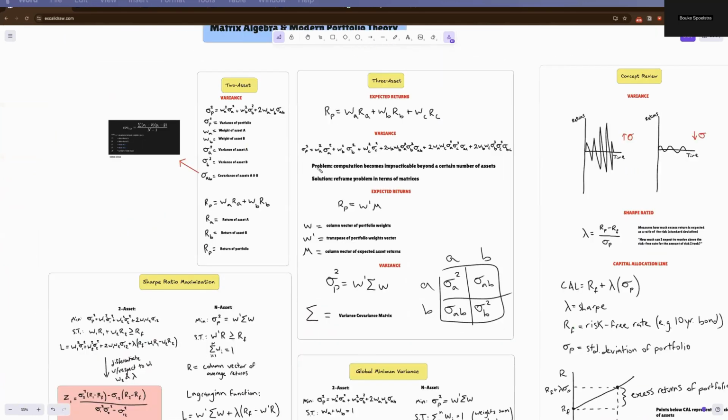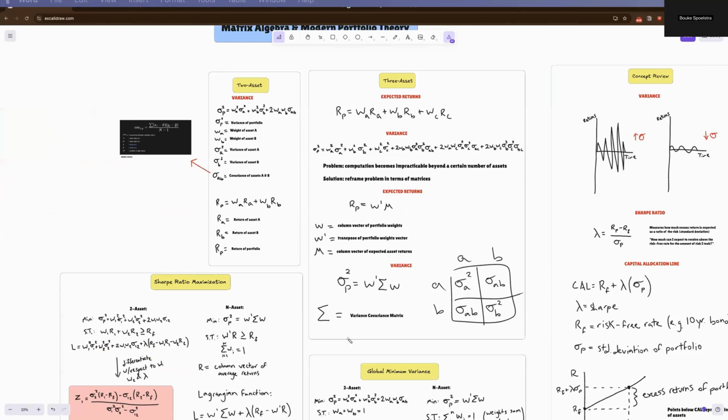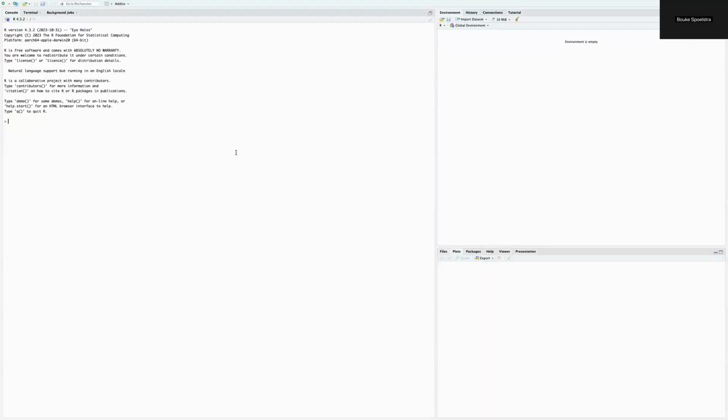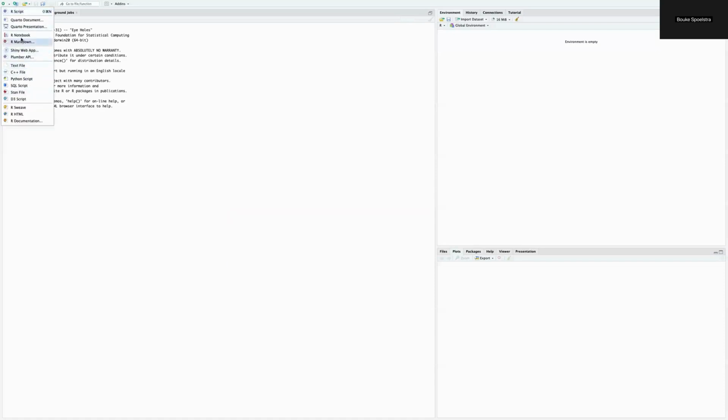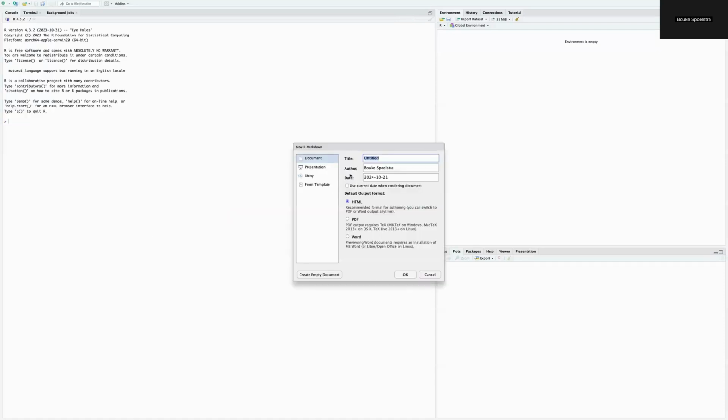Now we're going to go into the RStudio code. So now that we're in RStudio, the first thing we're going to want to do is make a new R Markdown file. So the plus in the top left corner and then R Markdown. You can call this whatever you want, you can call it mean variance optimization, two asset.